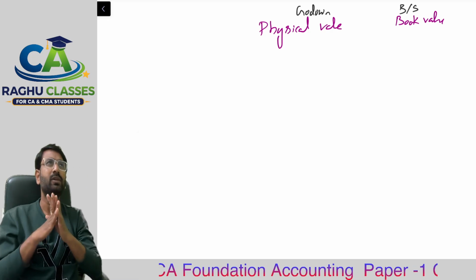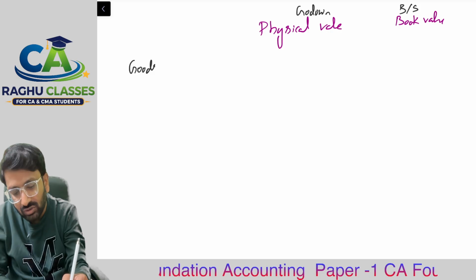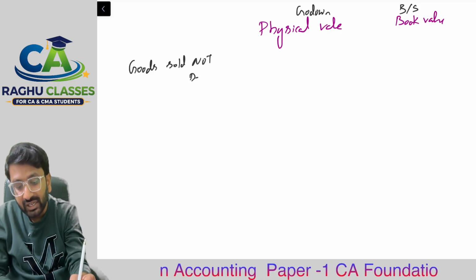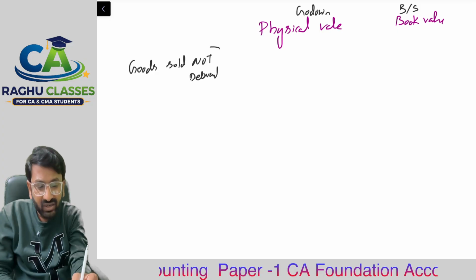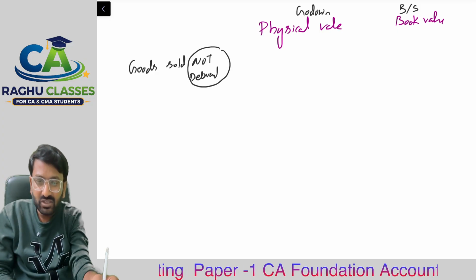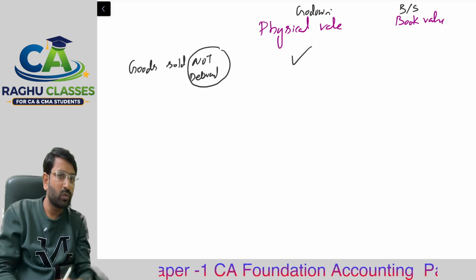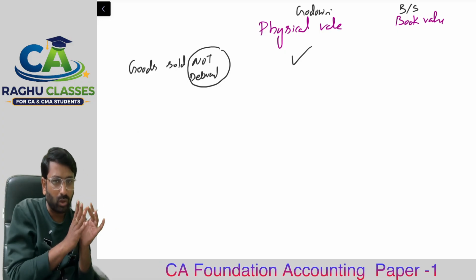Now let's give an example. Let's say goods sold but not delivered. If you have sold the goods but they are not yet delivered, can I say the item is still in my godown? So it's a part of the physical value of the stock. If I'm calculating physical value, this item is there in the godown.